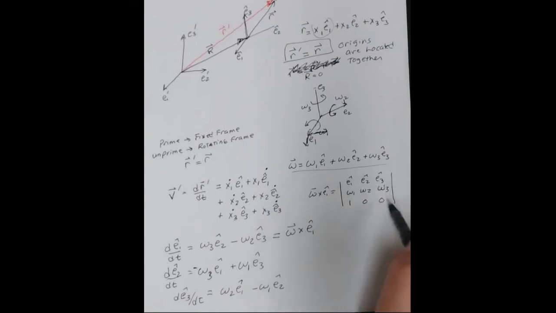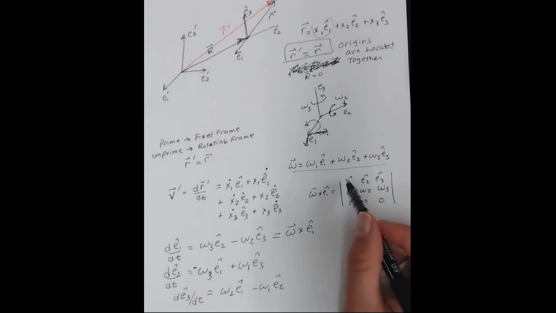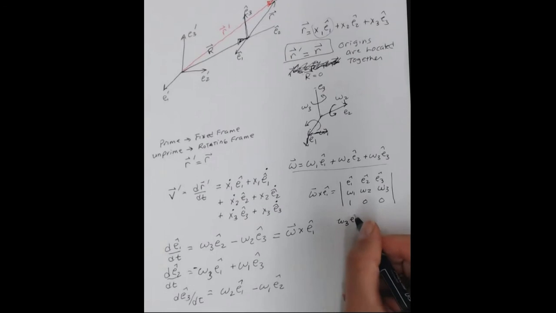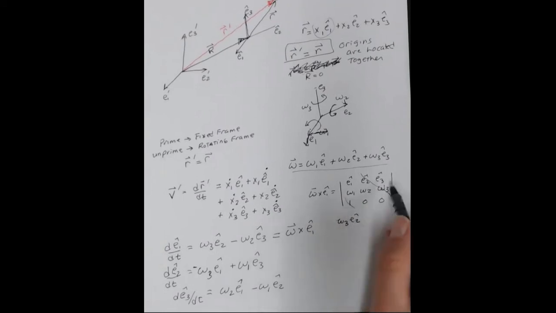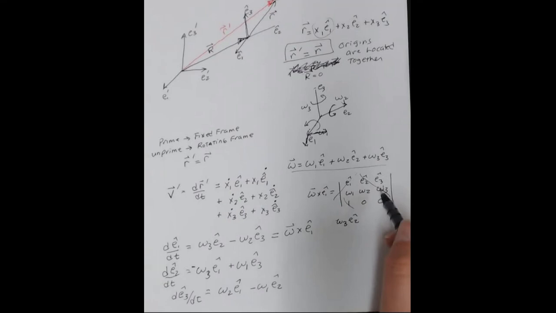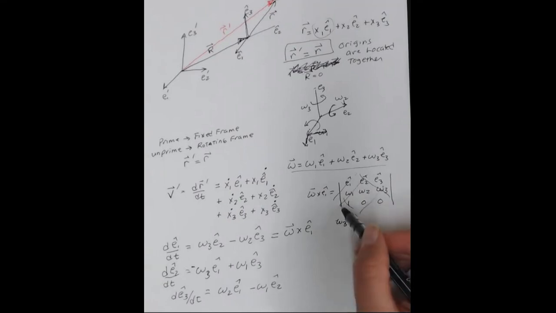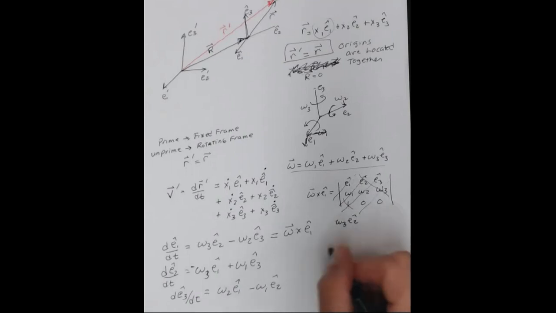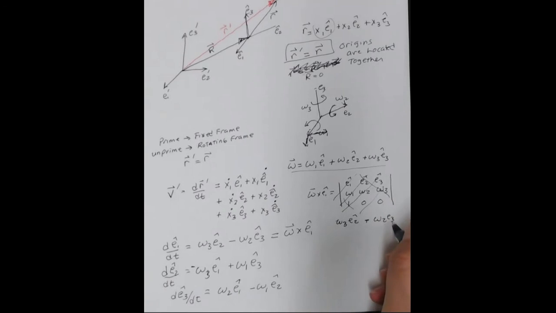When we do this cross product, we get omega 3 E2 from this one. And we get 0 there, and we go the negative direction, 0. 0, and then we go down here, so we get minus omega 2 E3.